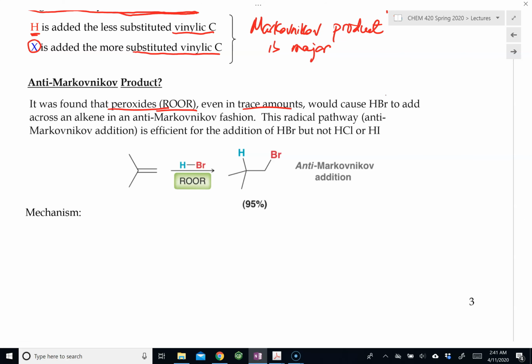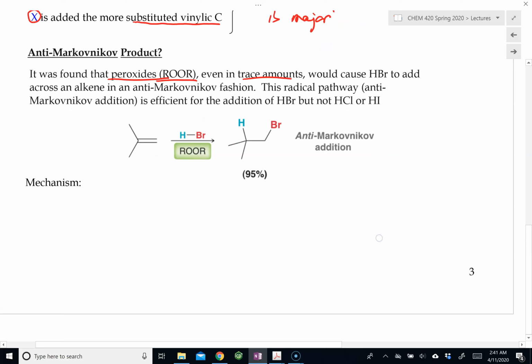And this reaction undergoes a radical mechanism, and therefore produces the anti-Markovnikov product. So if our goal is to produce the anti-Markovnikov product, we will add some sort of peroxide, such as hydrogen peroxide, and we will be able to favor the anti-Markovnikov product.